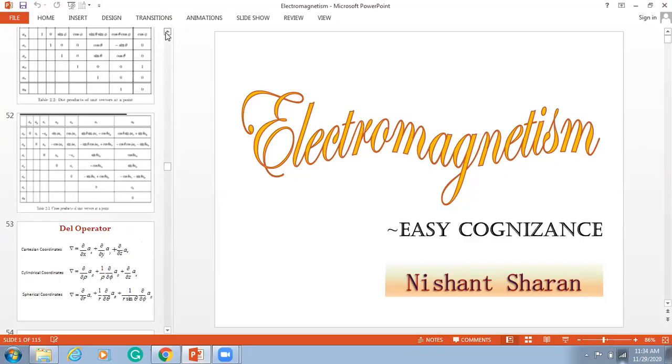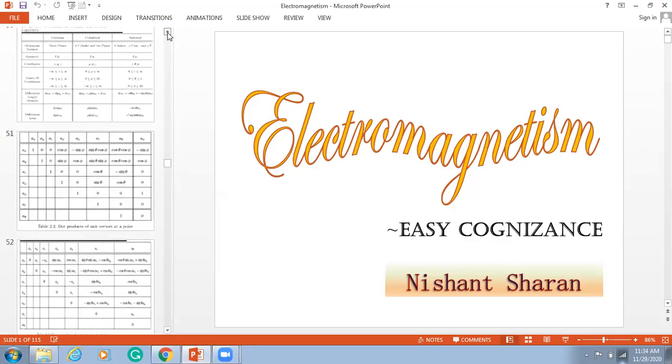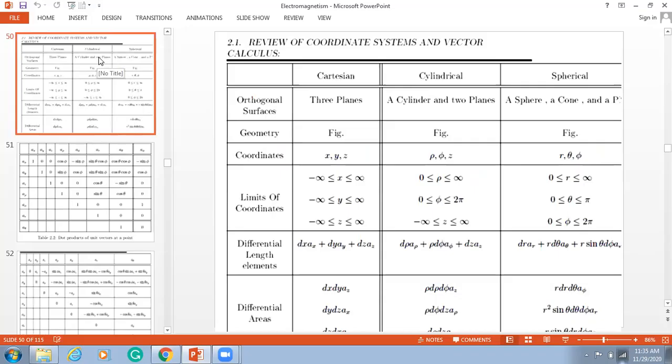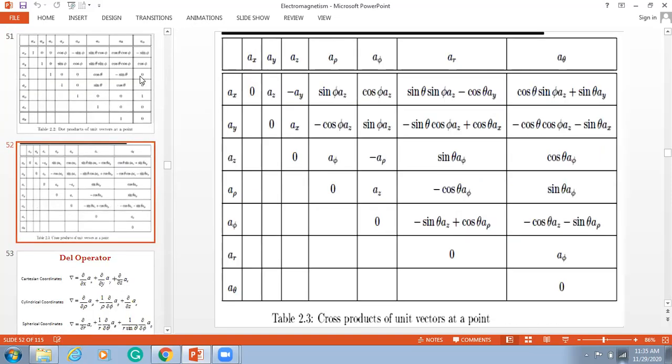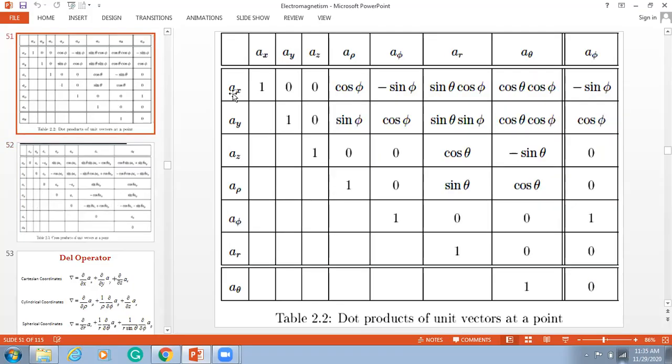In that, we have to remember the six or seven formulas. Formula means you should know the dot product of the unit vectors. Listen very carefully. This you will have to remember.